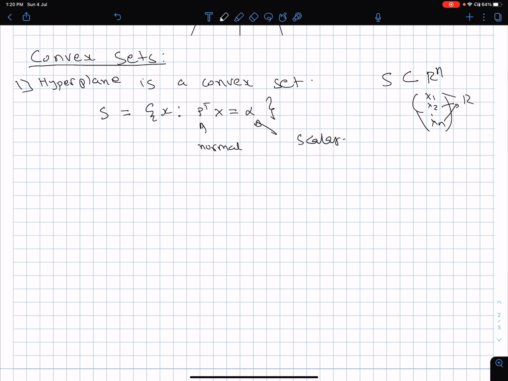First, let's take a concrete example and instantiate it in 3 dimensions. The set S is the set of all x, a 3-tuple x1, x2, x3, such that x1 plus 5x2 minus x3, just so that both plus and minus are there, is equal to 4.